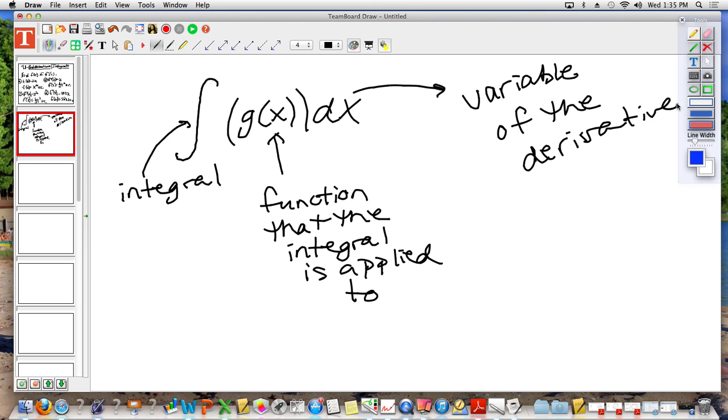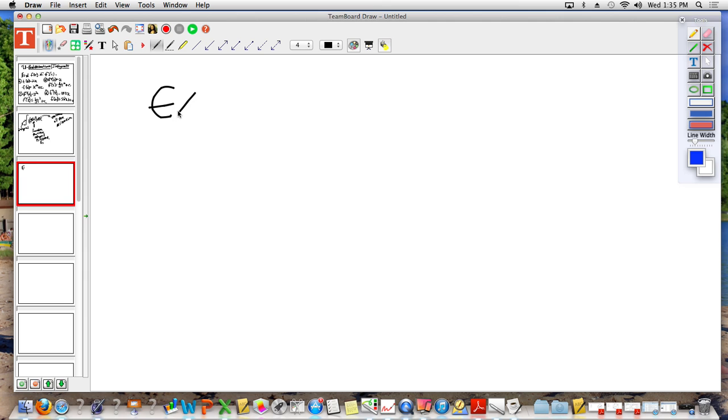I'm going to start giving you guys a few shortcuts. An example of this. Let's find the integral of 3x dx.